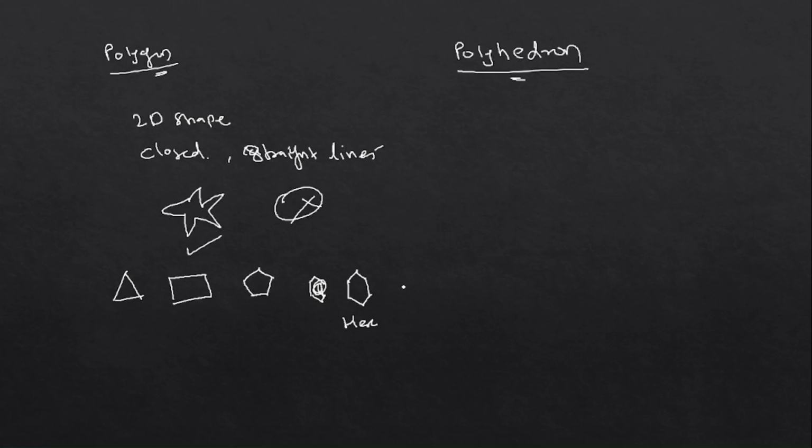If 7 sides are there, then heptagon. If 8 sides are there, then it is an octagon, right? So we have different special names for every type of polygon, depending upon how many sides are there in that polygon. Now what is polyhedron? Polyhedron means, take the example of the cube or the cuboid.